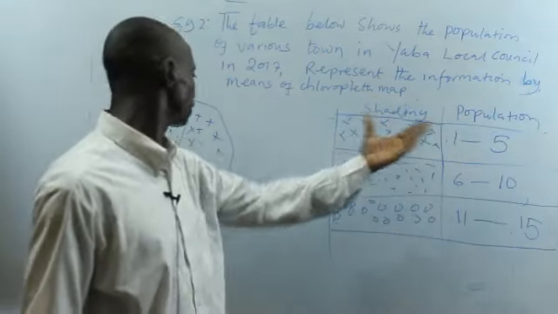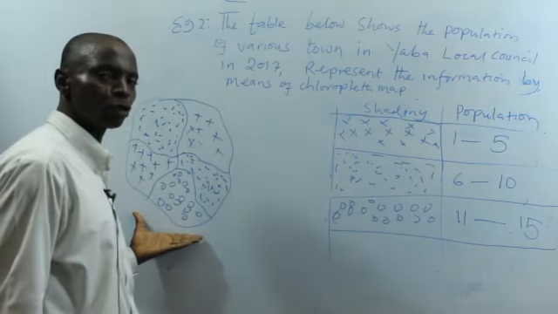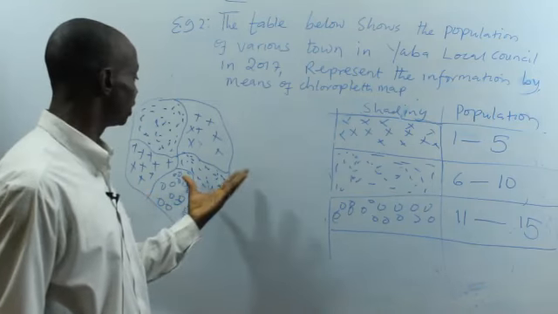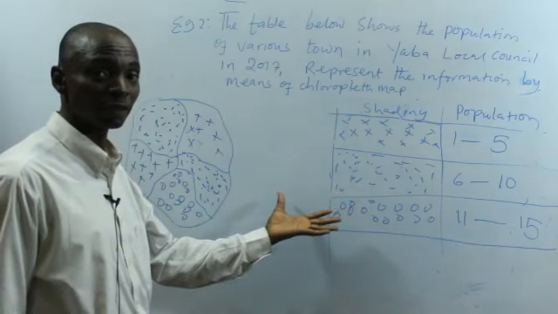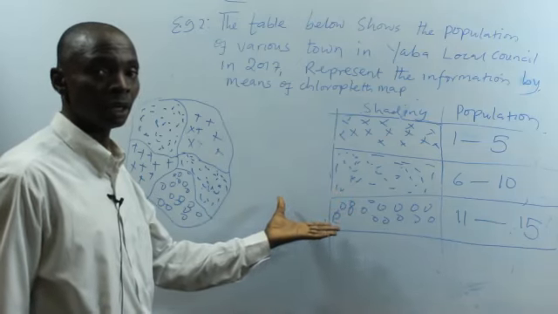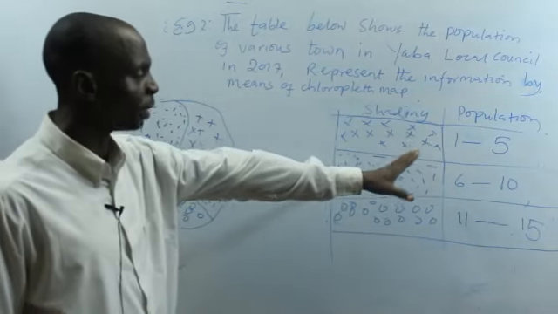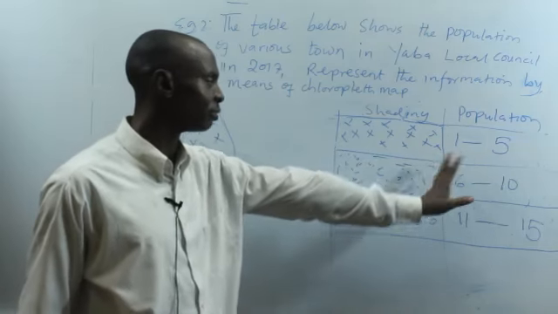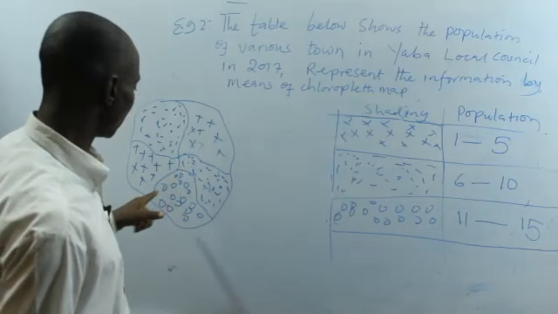Now, can you see this is the Choropleth map, and this is how we shade it. It gives us 3 shadings out of the 5 towns that we have. Those from our calculation that fall between 1 to 5 have this shading. That is this and this.